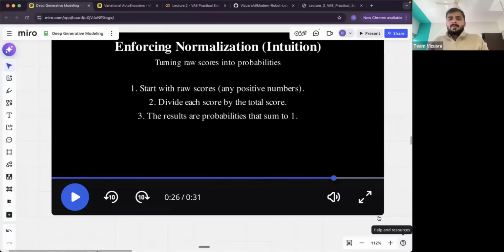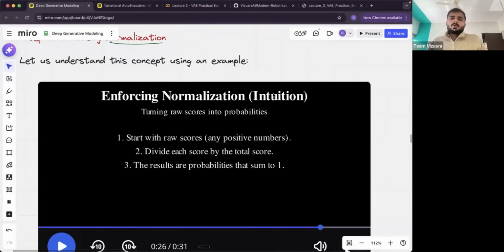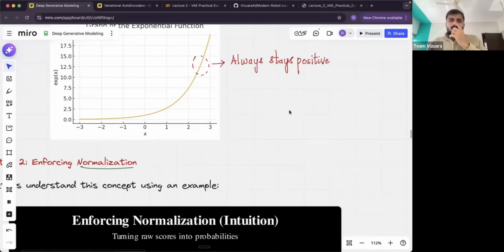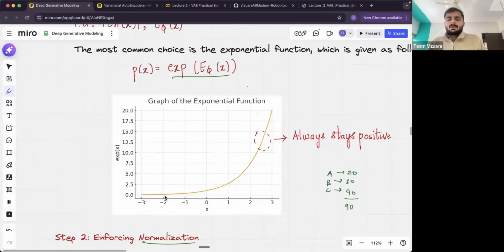So what people do is convert scores into probabilities. Let's say we started out with 1,000 students in the class. If you turn these values into scores, let's say we just consider three students A, B, C, and you take scores for them, which is 20, 30, and 40. Now, if you add up these values, it adds up to 90, which is not what we want because it does not satisfy this second rule.